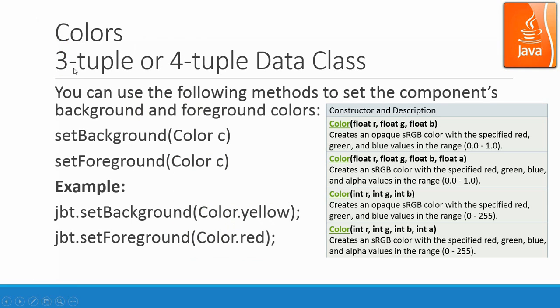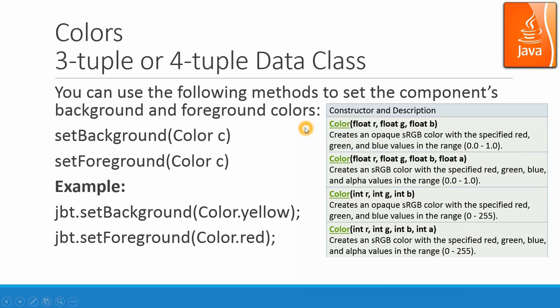Colors have 3-tuple and 4-tuple constructors. So when you call a constructor, you can use a 3-tuple, either floating-point numbers or integer numbers. For floating-point numbers, the value should range from 0 to 1.0, so 1.0 actually is the same as 255 in the integer domain.